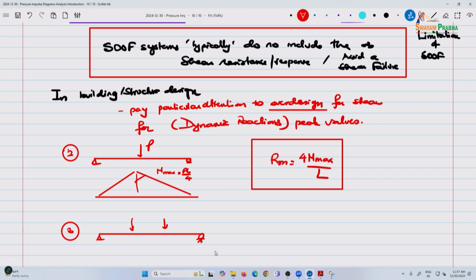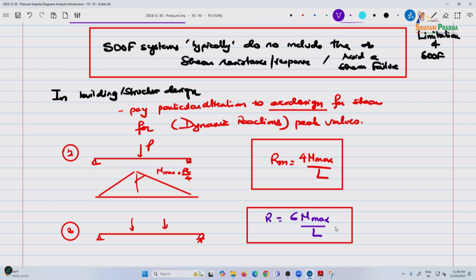In roof or floor structures, you will have beams and girders. And quite often for a 30 feet span, we might put 2 beams. So these are very common scenarios, but you can clearly extend it to other cases. So based on the moment in this scenario, Rm equals 6 M max divided by L.